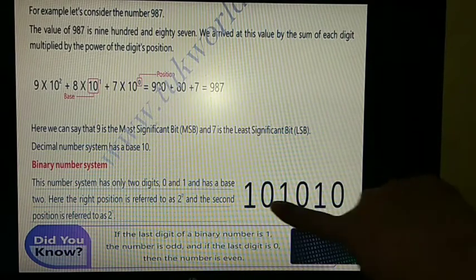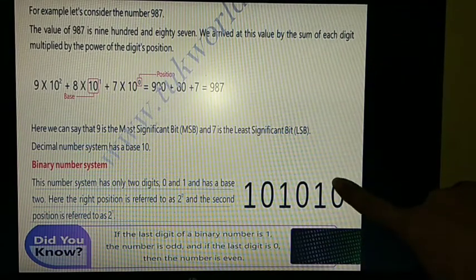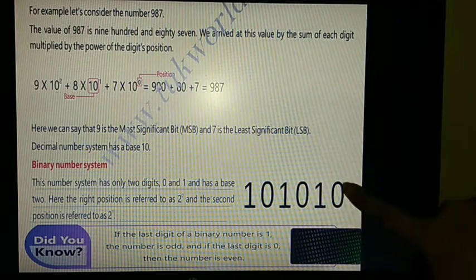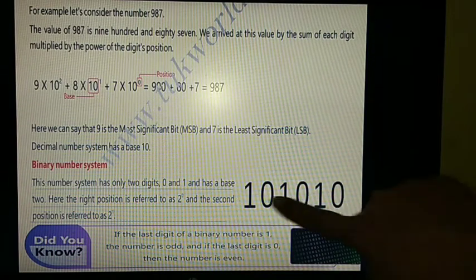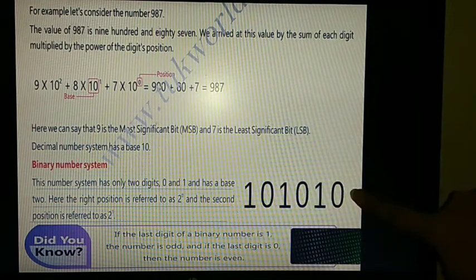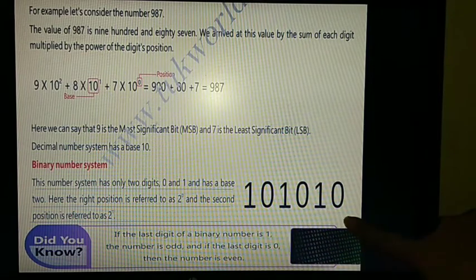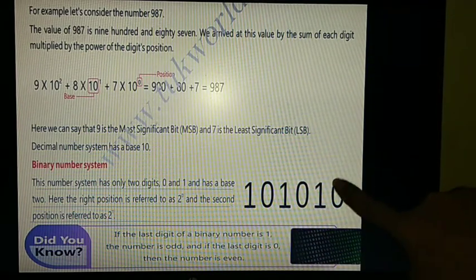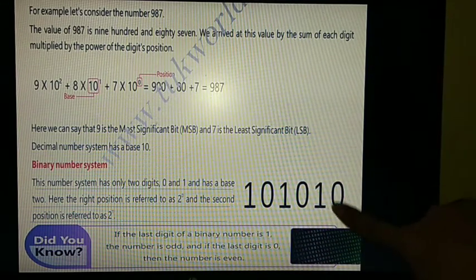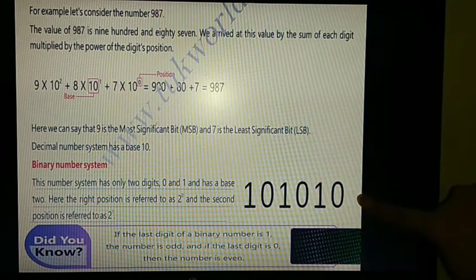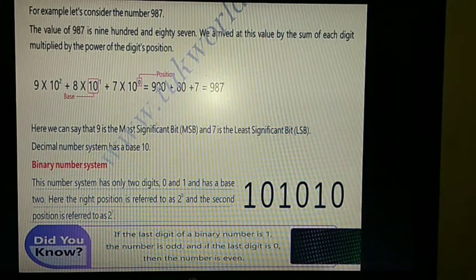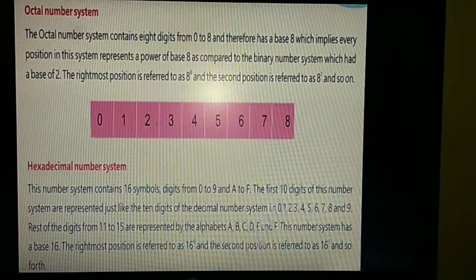If the last digit was 1, the whole number would be odd. But here the last digit of the binary number is 0, that means the whole number is even. Clear? Yes.